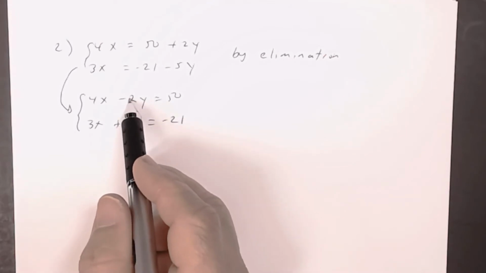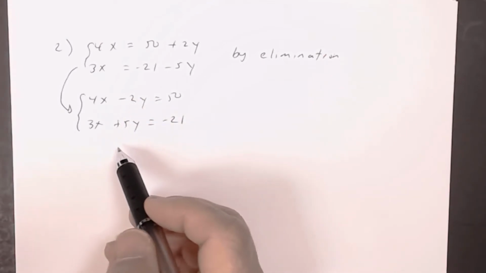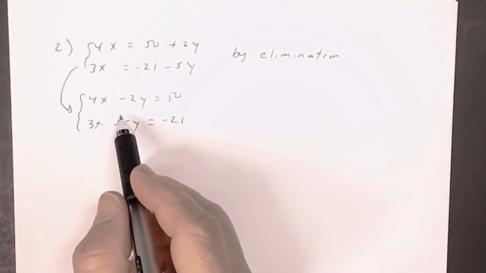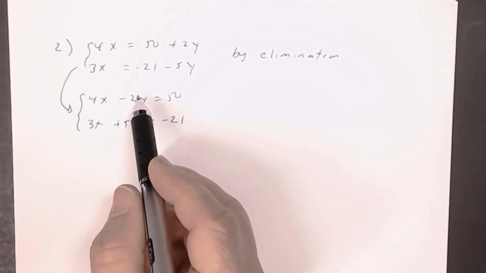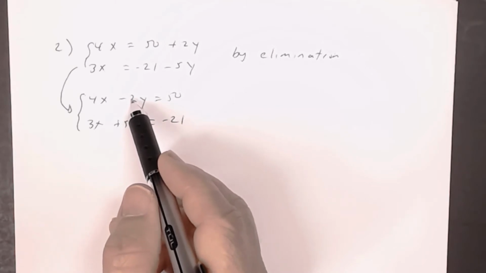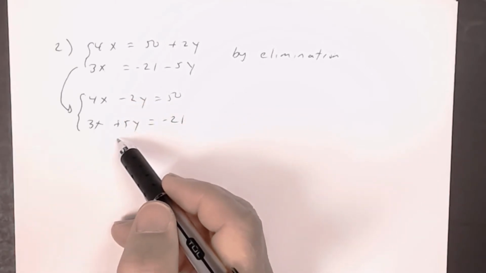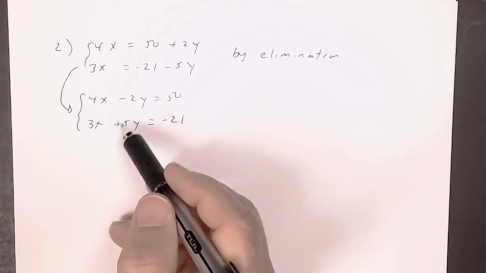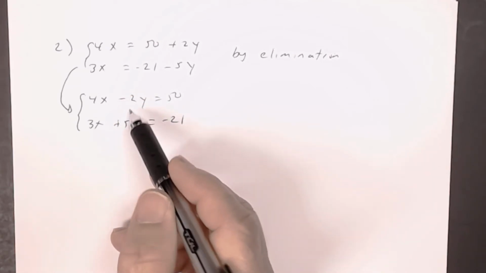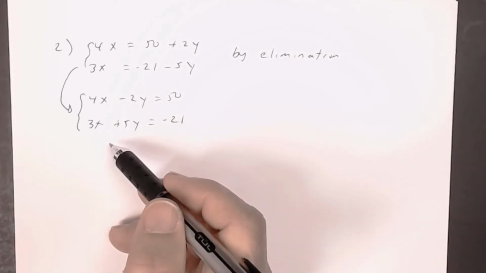So I need those coefficients to be opposites of each other. In order for that to happen, we need to look at the smallest number that negative 2 and 5 will go into, so the least common multiple. That's going to be 10, and we need one to be a negative 10 and one to be a positive 10. So I already have one negative, one positive.